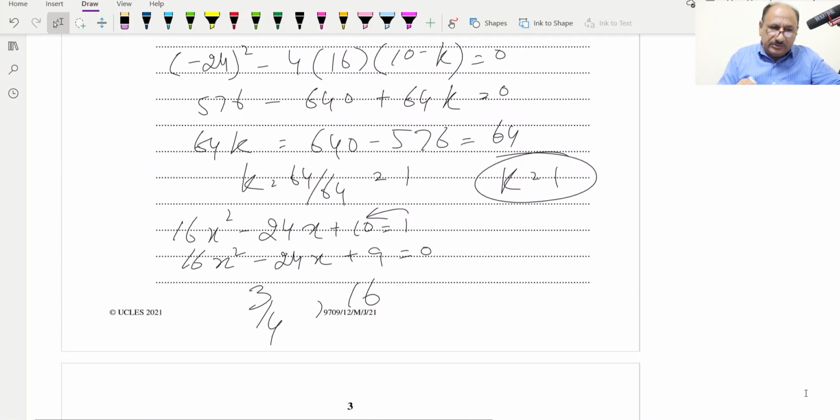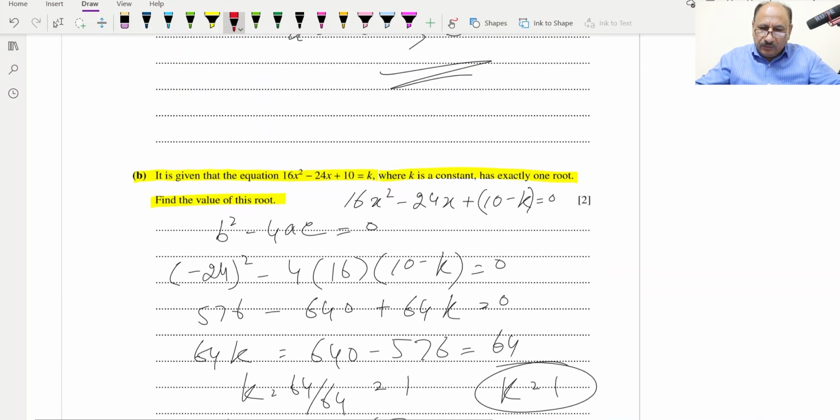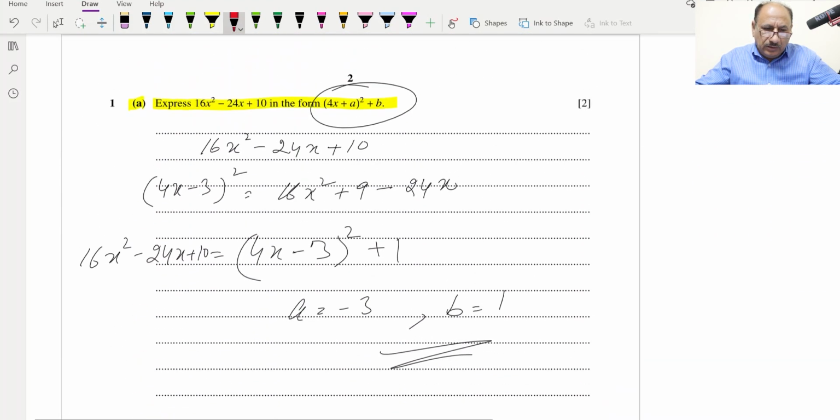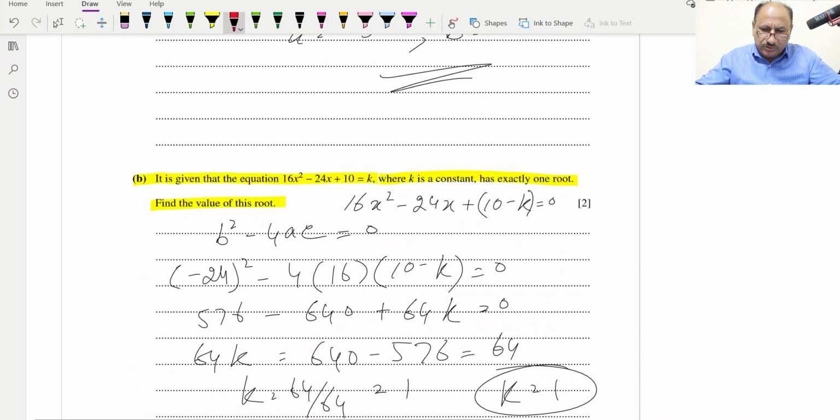We will be rejecting this value, and this will be our final answer. X is equal to 3 by 4 will be our final answer for this question.